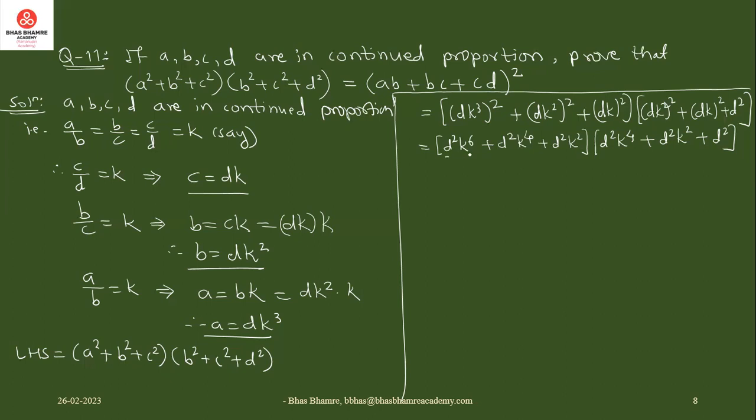From the first bracket, I can take D square K square common. Then in the bracket, K raised to 4 plus K square plus 1, because we divided by that. Now, Anant, pay attention; where you missed, you will understand. Then in the second, we take D square common: K raised to 4 plus K square plus 1.